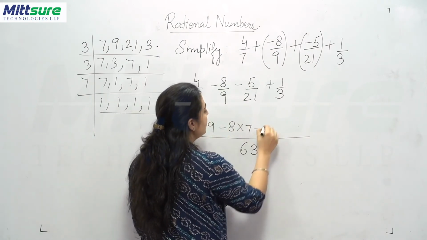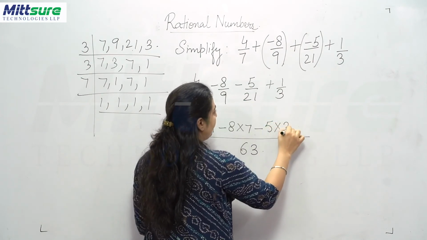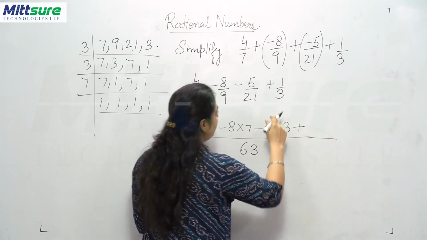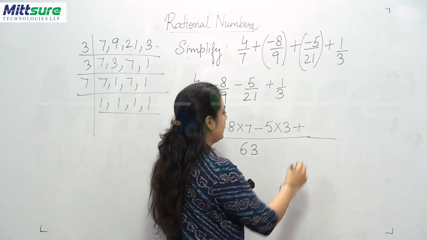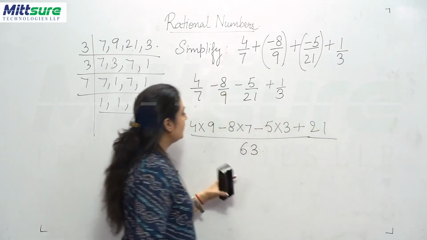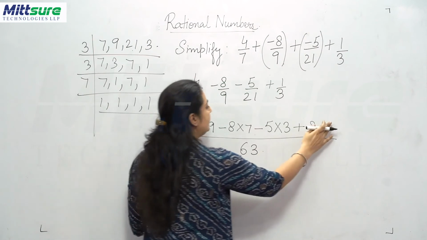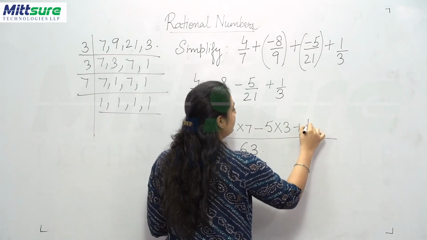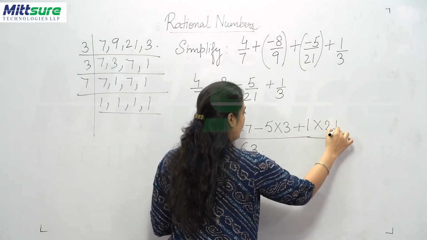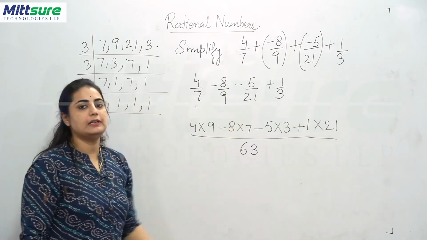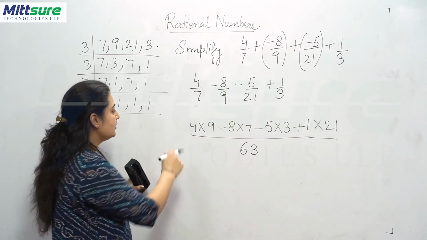Here it goes 3 times, and here it goes 21 times. So I have written 21 directly, but you can write 1 into 21 also, because 1 into 21 is always 21.